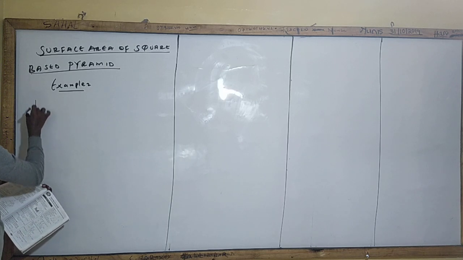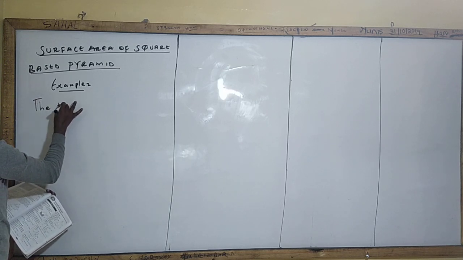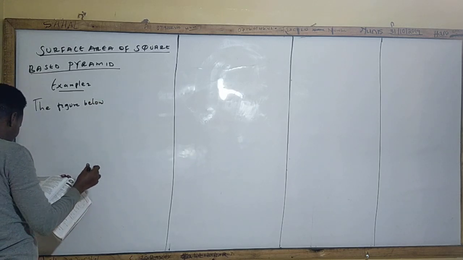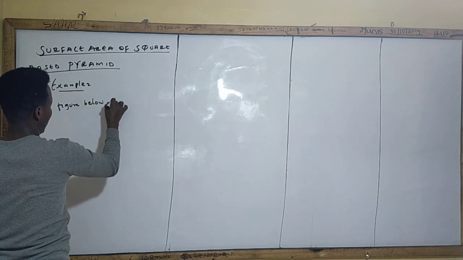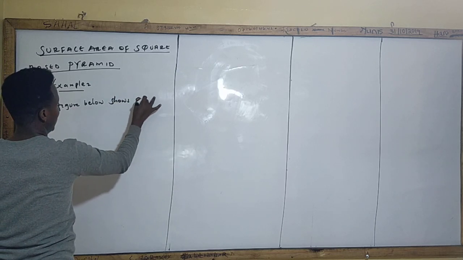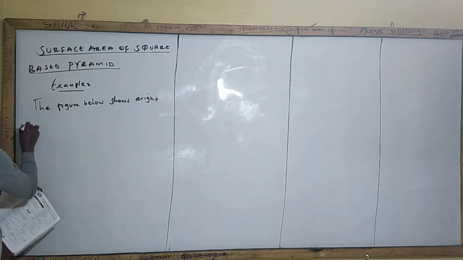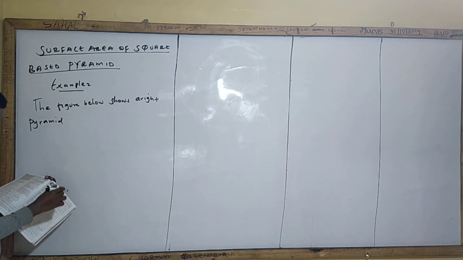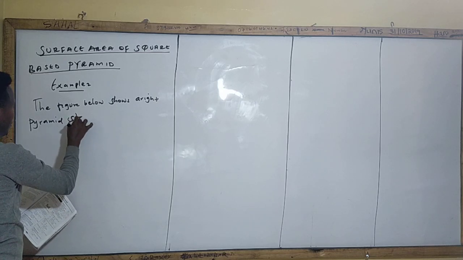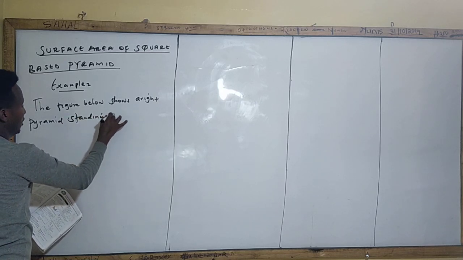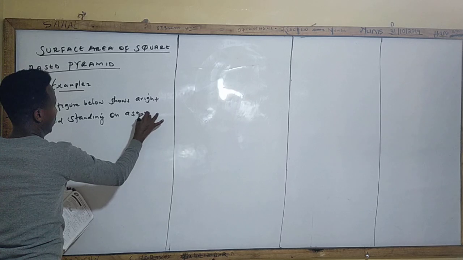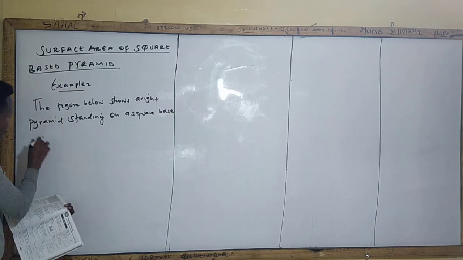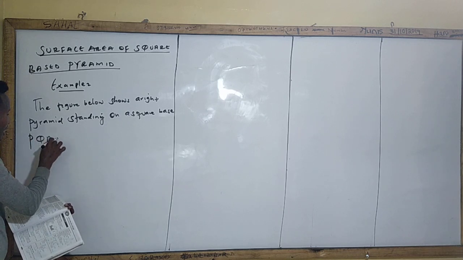You're told the figure below shows a right pyramid standing on a square base BQRS.